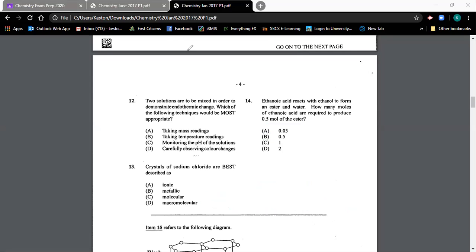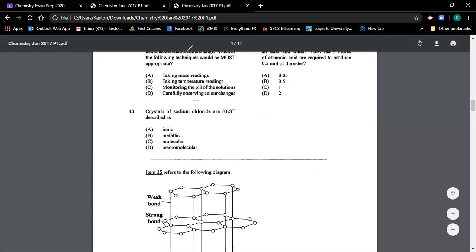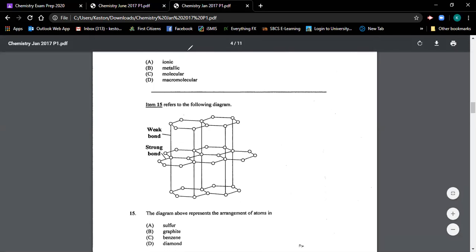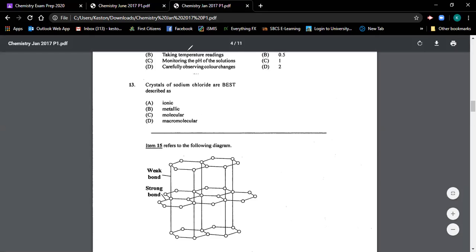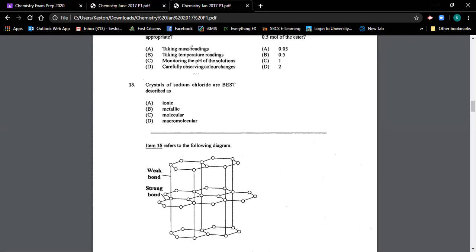One more and then we can wrap up there. 15. From the time you see this, what are they talking about here? Just write the name of the allotrope of carbon that this diagram shows. Yes, that's correct, graphite, right?